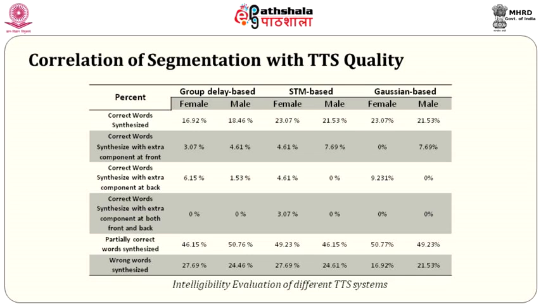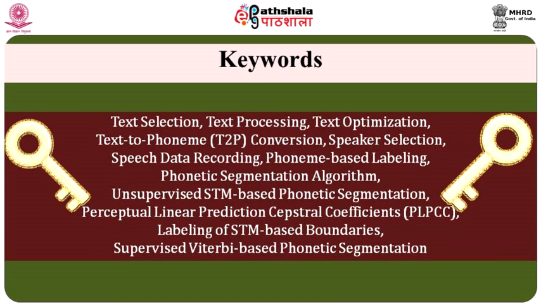In this module, we have discussed the text collection, selection of speaker, and the appropriate methods which are used for speech data labeling. The most tedious part is the labeling step. We have discussed the various methods of speech labeling.